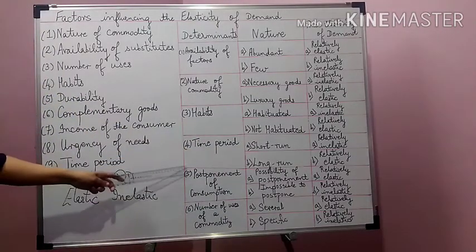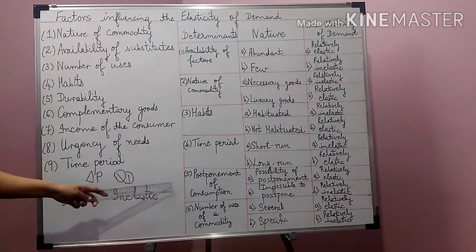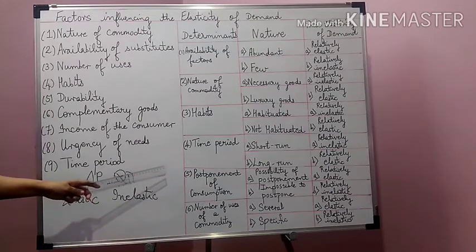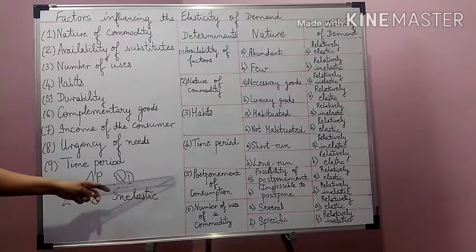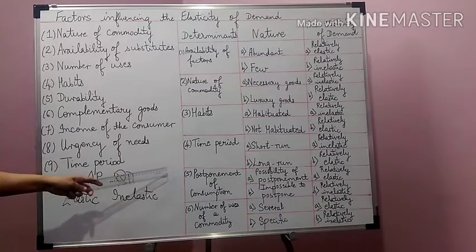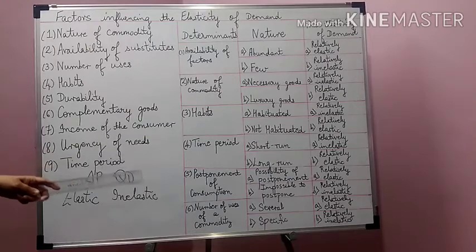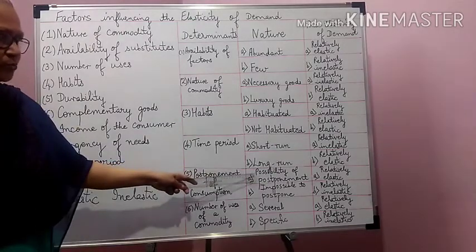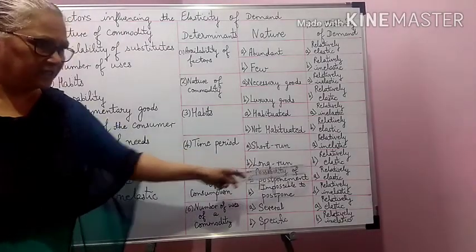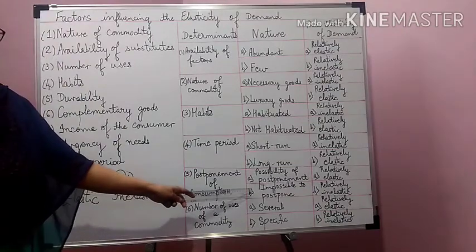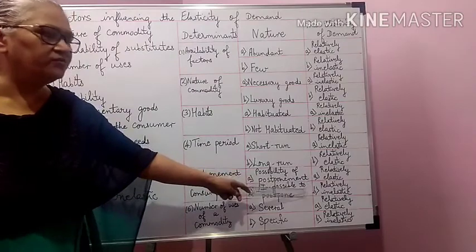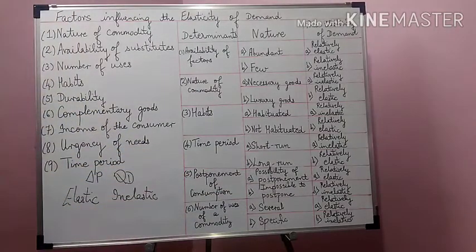Fifth one, postponement of consumption. If there is a possibility that you can postpone your consumption, then demand is elastic, changing. Whereas if it is impossible to postpone, then it is relatively inelastic.